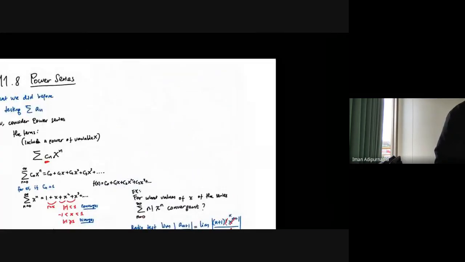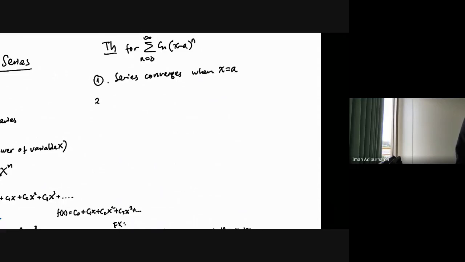Now, the conclusion I will write here. The conclusions. The theorem for our series. Number 1, the series converges only when x equals a. Number 2, the series converges for all x.